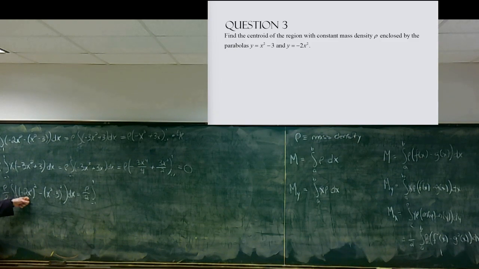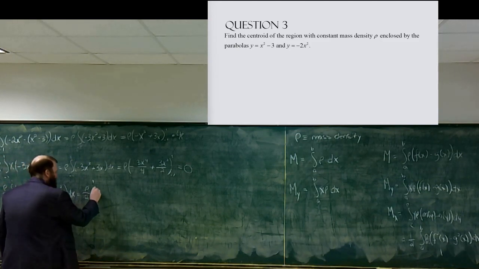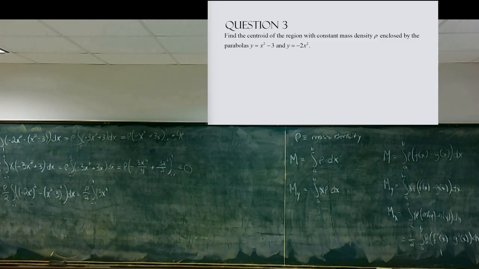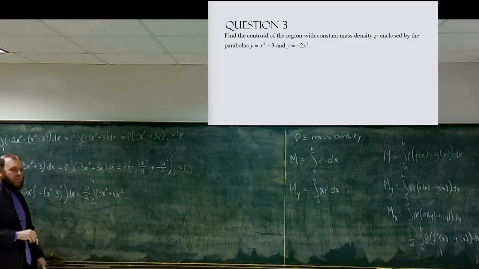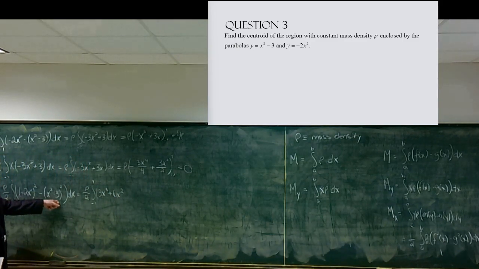That's 4x to the 4th. I'm also going to have x to the 4th. Leaves us with 3x to the 4th. Negative 6x squared, twice the product, and then minus. And then minus 9.